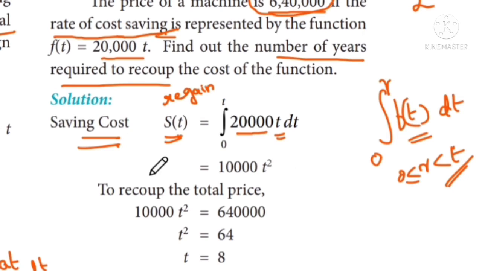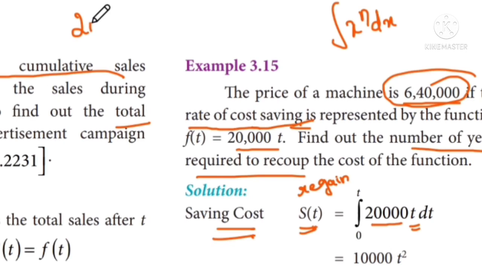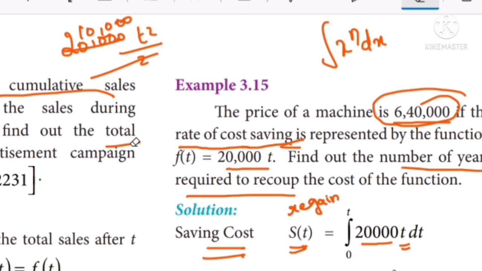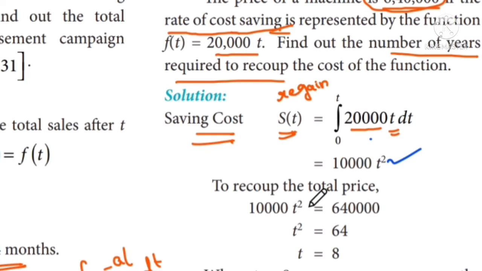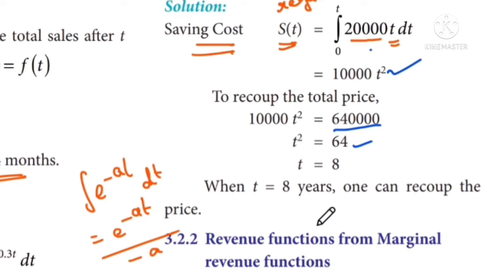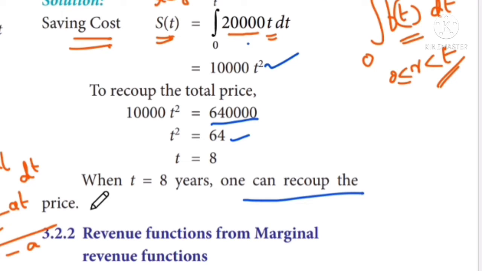So 20,000 into t square by 2, the 2 cancels the 20,000 and you get 10,000 into t square. To regain the total price, 10,000 t square equals 6,40,000. T square is 64, so t is 8. So at least 8 years you need to recoup the price to get back to the original price.